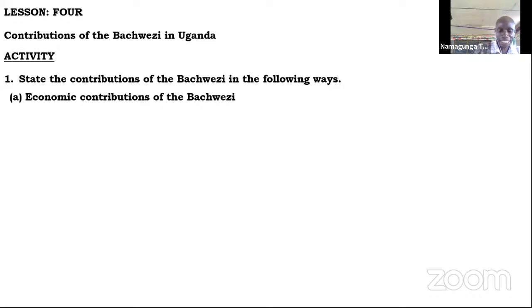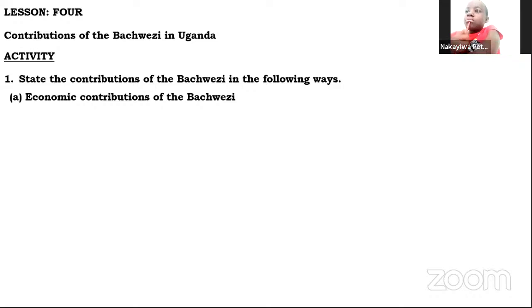Kancha Rose, give us the first one. The first economic contribution of the Bachwezi. They introduced longhorned cattle. Thank you, Rose.